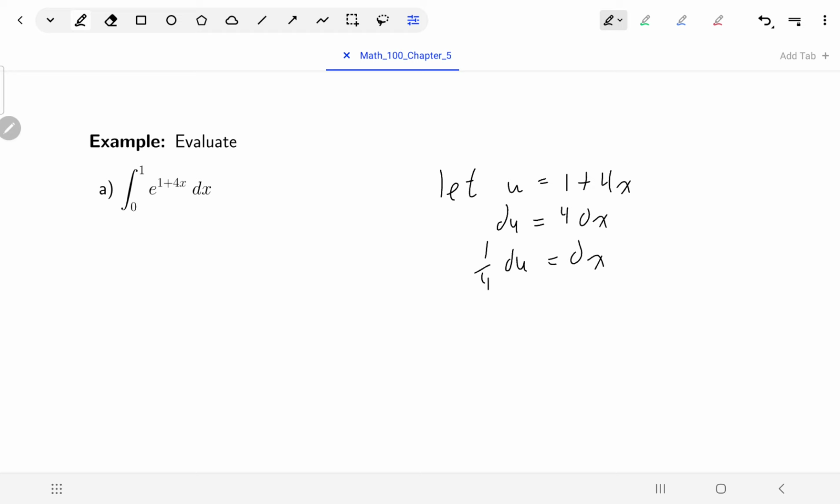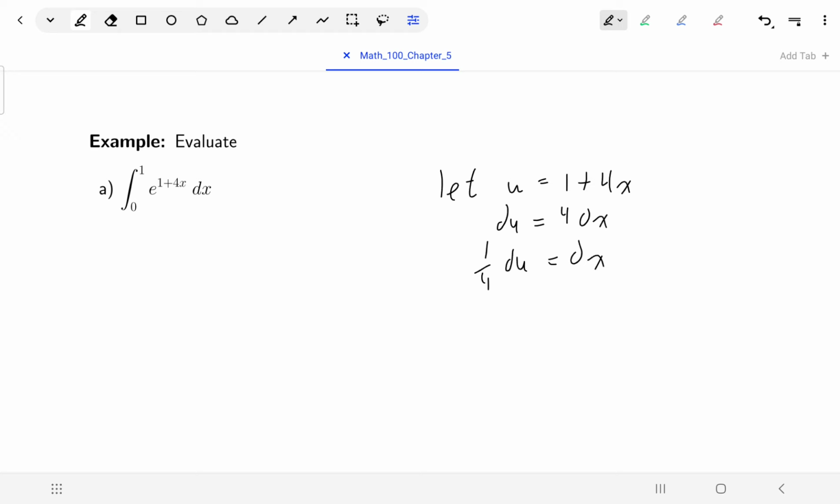I can either first do an indefinite integral on the side to find an antiderivative, then evaluate in terms of x's, or I could just do my substitution in terms of u and also substitute my limits of integration to be in terms of u, and then I can dispense with going back in terms of x at all.